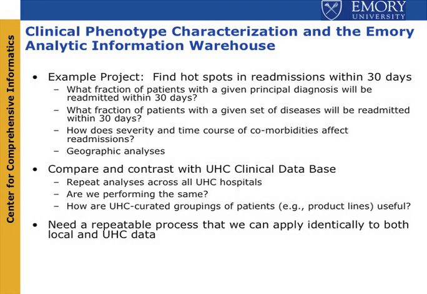And then we've used this to characterize, in both the 180 hospital UHC consortium as well as in Emory Healthcare, patterns of readmissions in hotspots, basically looking at different collections of comorbidities and readmissions, and the relationship between readmissions and hospital stay, geographic patterns of population.